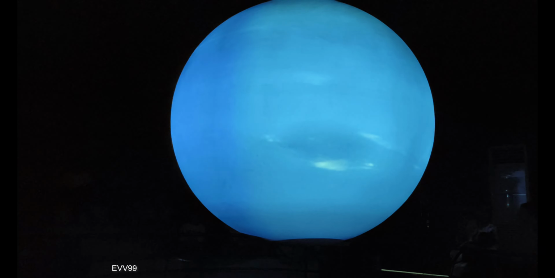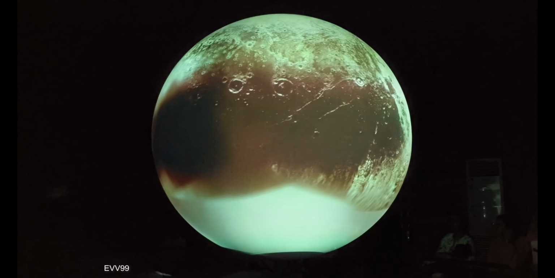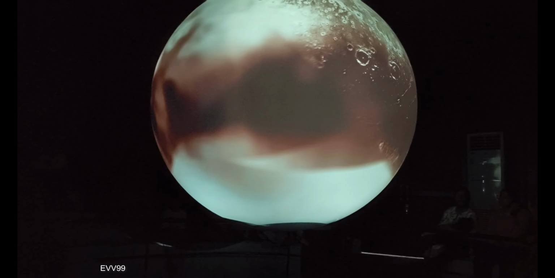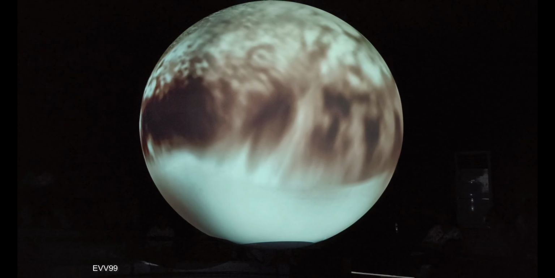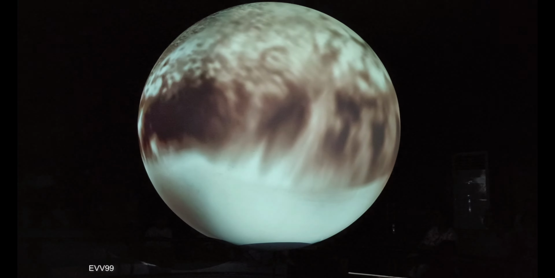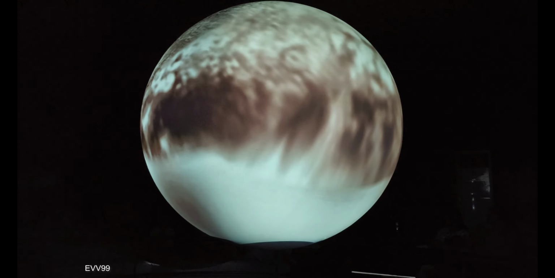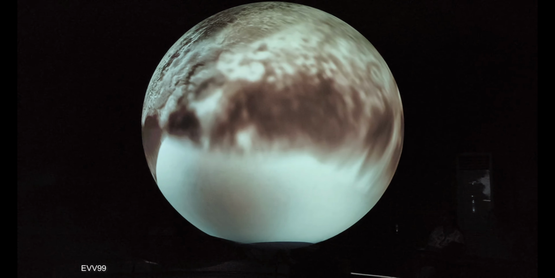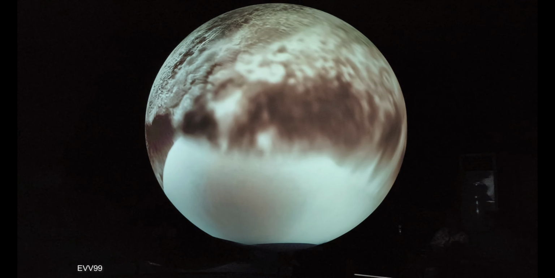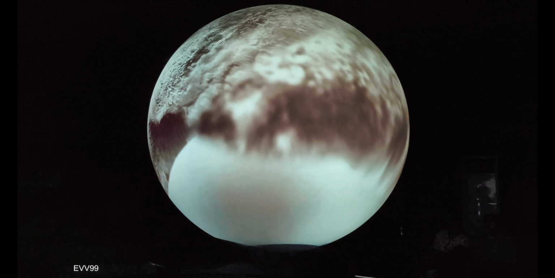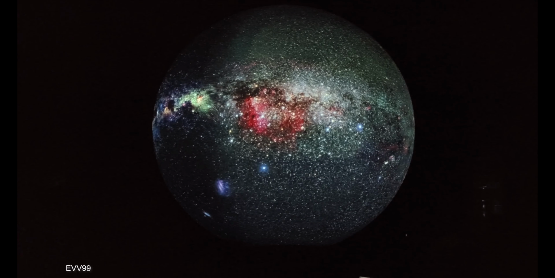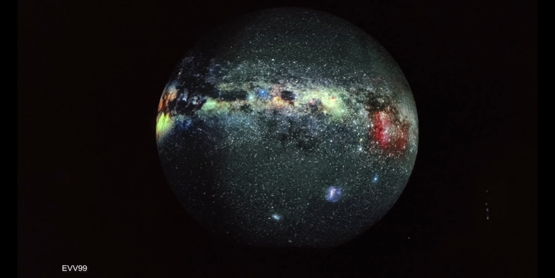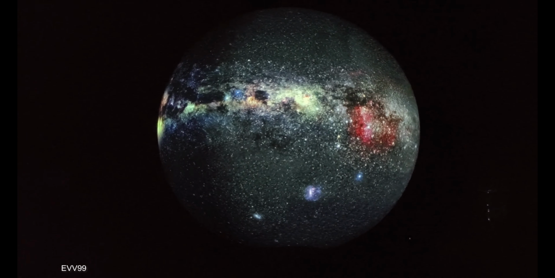This is the Pluto. Now the last projection I will be showing to you, what is this? गैलेक्सी.